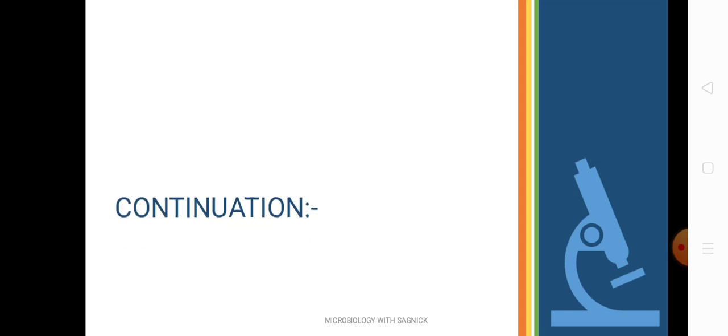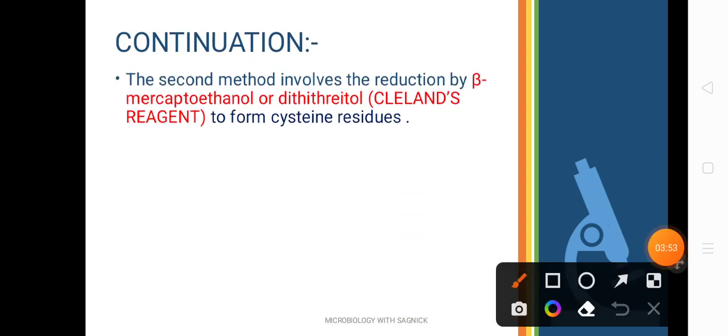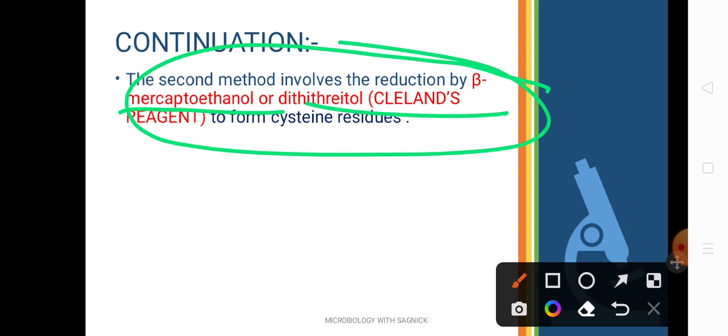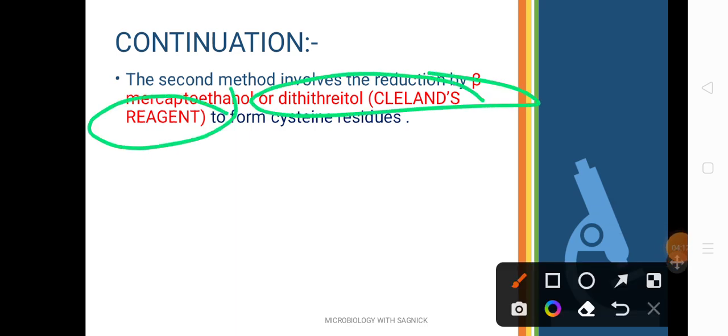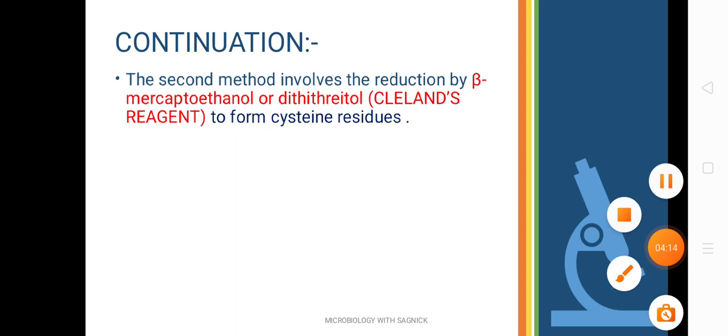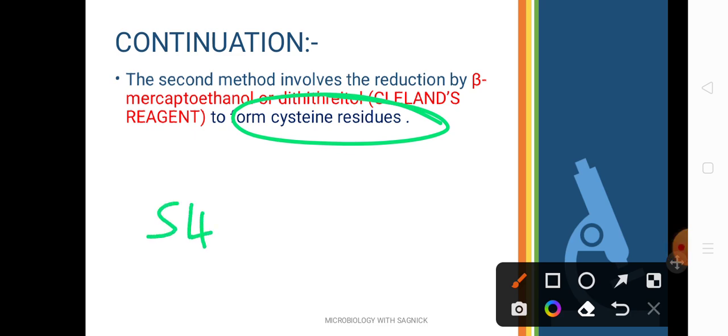Now another important method is reduction, and this reduction can be done with the help of beta mercaptoethanol. You have probably heard about beta mercaptoethanol earlier, along with dithiothreitol, and we use this reduction process in the case of our SDS-PAGE, right? Dithiothreitol is also known as Cleland reagent. Remember, this type of reduction will give us two cysteine residues, that means cysteine with SH at the side chain.